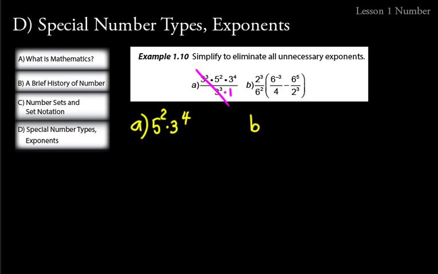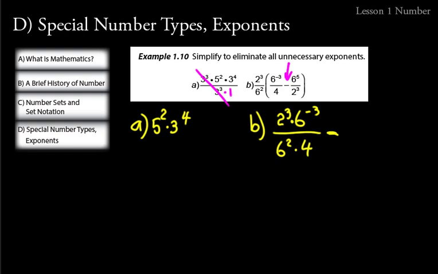In B, we don't see anything readily that we can cancel, so expand first. So we'll have 2 cubed, 6 to the minus 3 over 6 squared times 4. And I'll put a times symbol right there too. And then minus, we put a minus there because there's a minus right there.